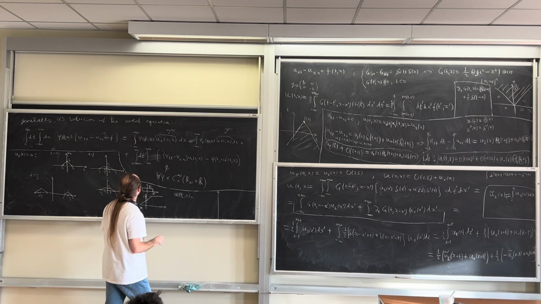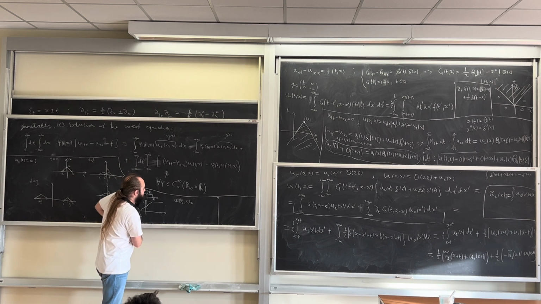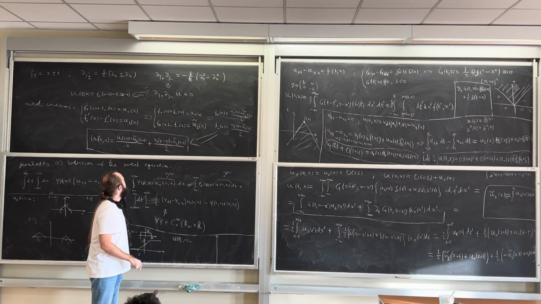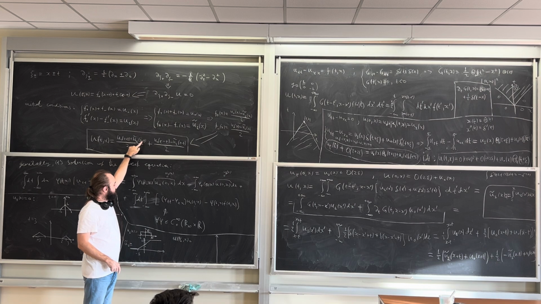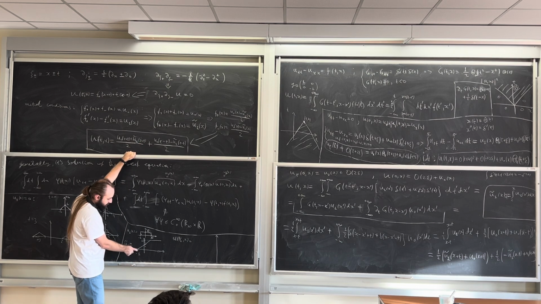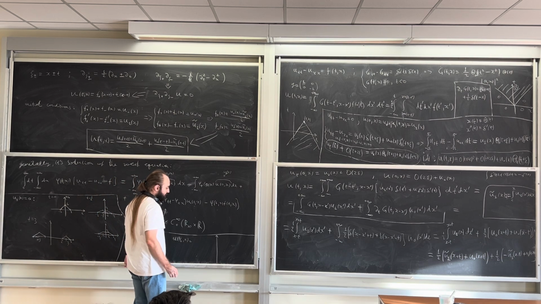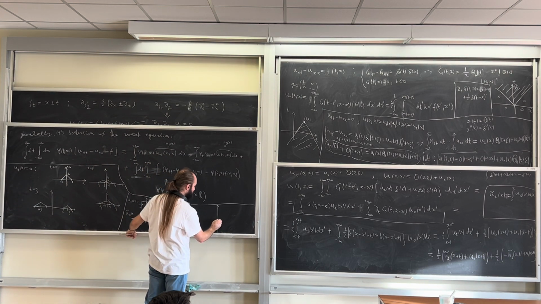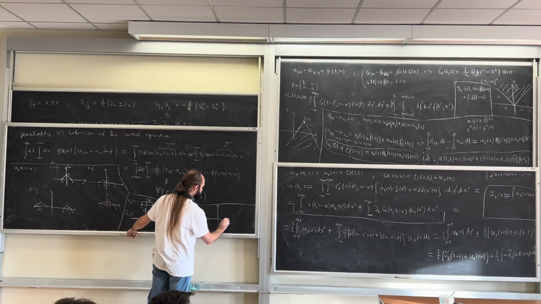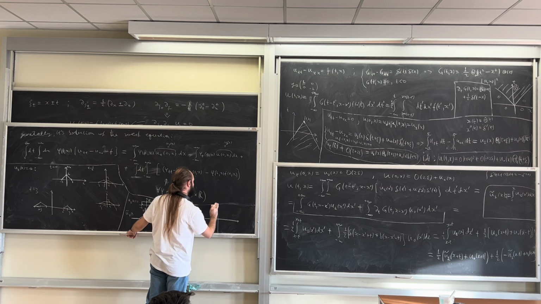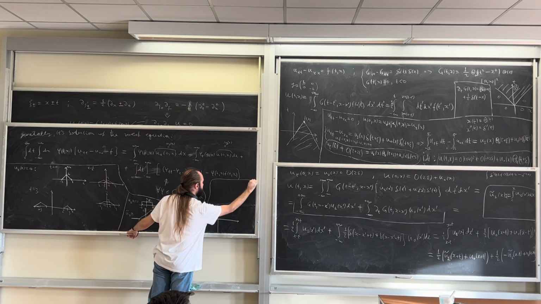So the first term in this formula is u tilde of x plus t. So it is shifted in the negative direction. So this point will be shifted to minus 3/2, and this will be with positive sign.